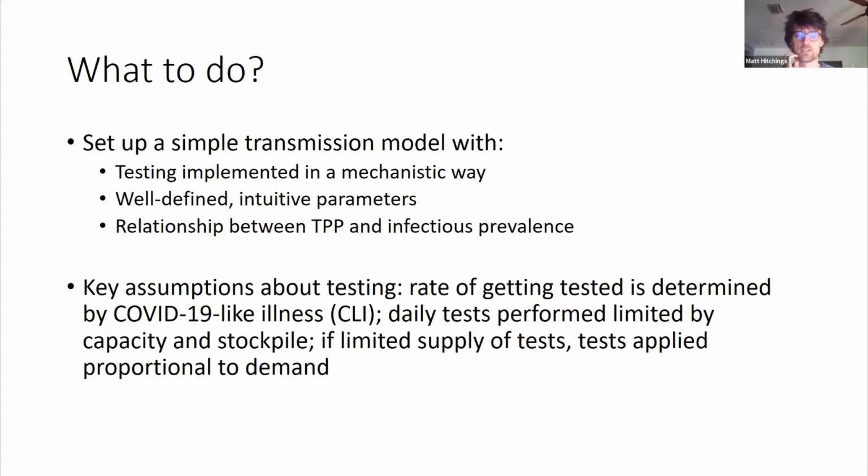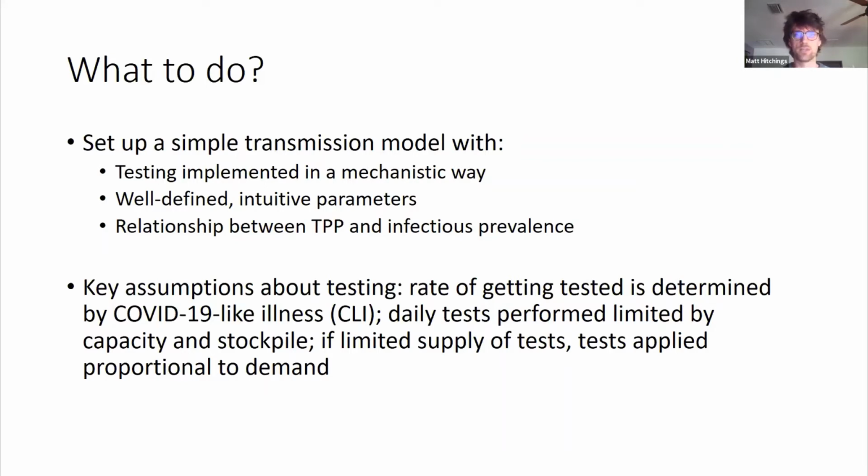And then the number of tests that are performed every day can be limited by your processing capacity and also by the total number of tests available. And if there are limited tests, we apply them to the different groups proportional to the demand from those groups. So in the case of limited tests, there's no prioritizing of one group over another, over and above the demand coming from that group.